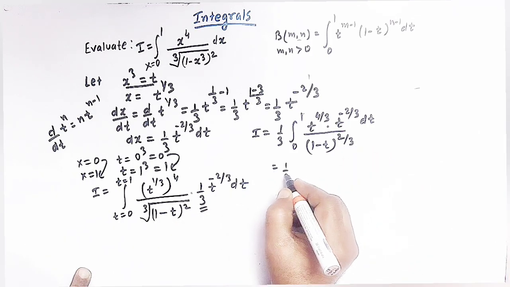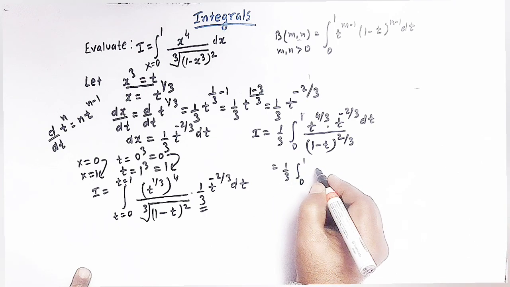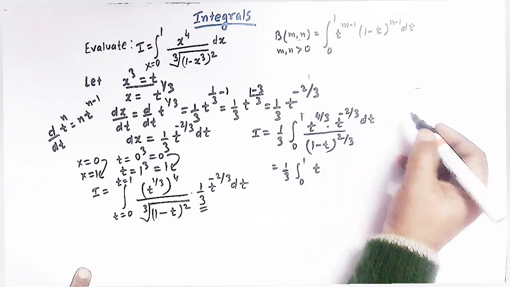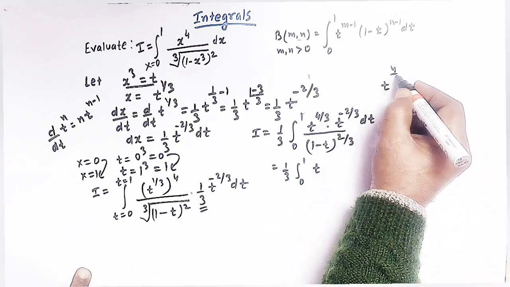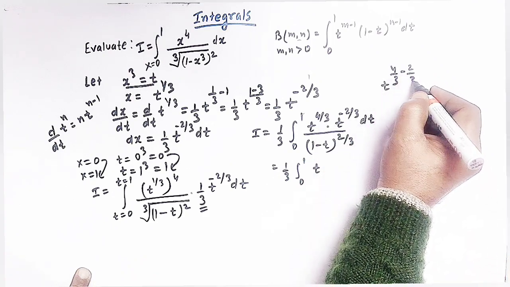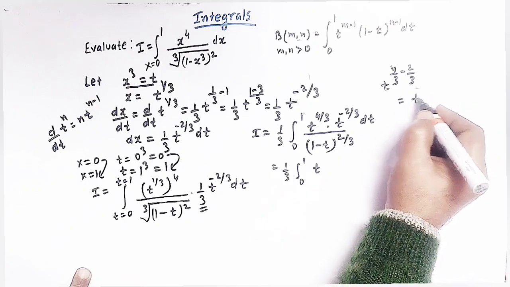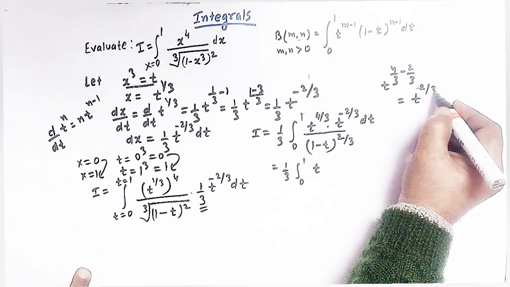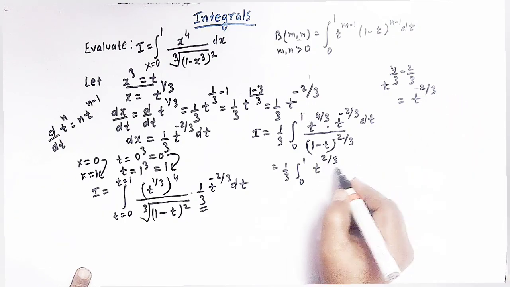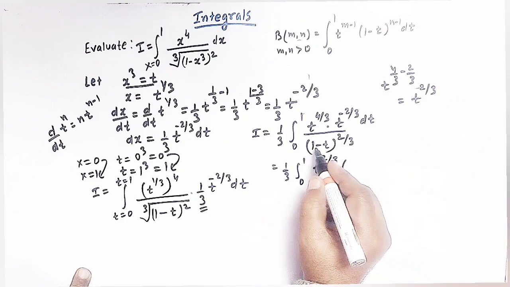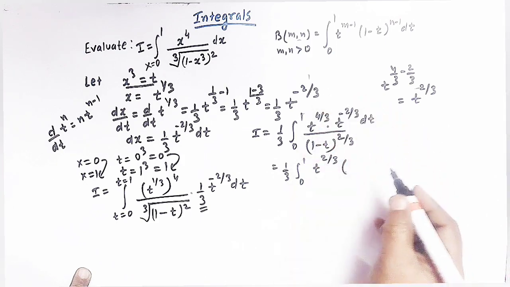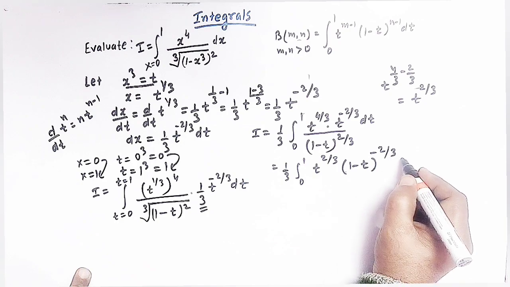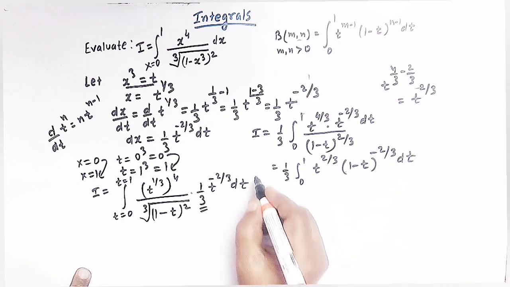So now this is 1 over 3 integral 0 to 1, and here using the laws of exponents, we can write t raised to 4 over 3 minus 2 over 3, that is t raised to (4 minus 2) over 3, so this is t raised to 2 by 3. So here we have t raised to 2 by 3, and taking this term to the numerator, we have (1 minus t) raised to minus 2 over 3 dt.